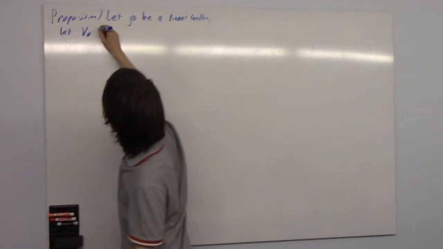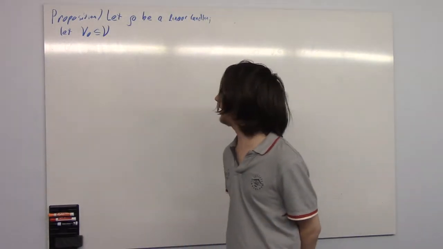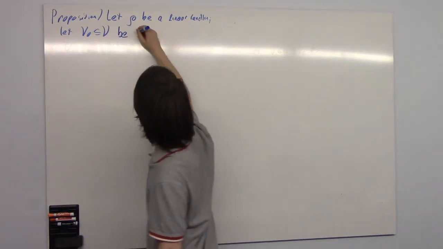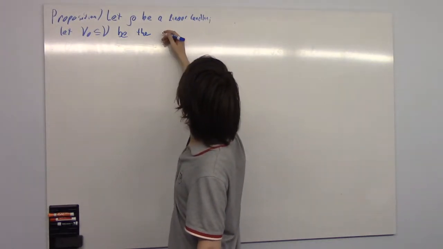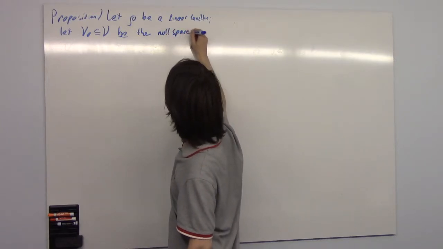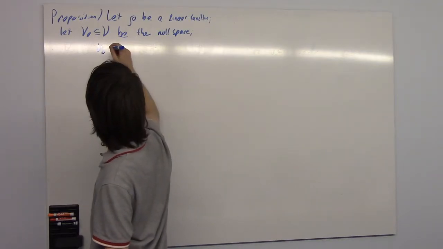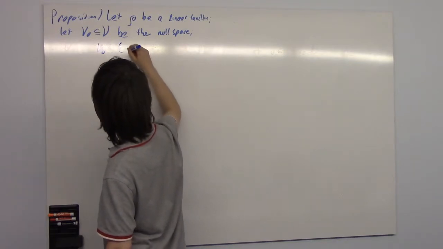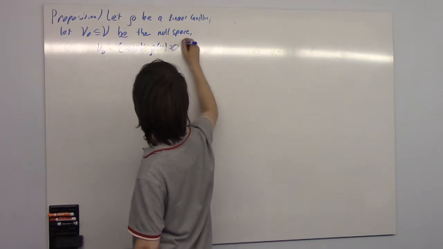Let V naught, a subspace of the vector space V, be the null space. V naught equals the set of V in V such that rho of V equals 0.